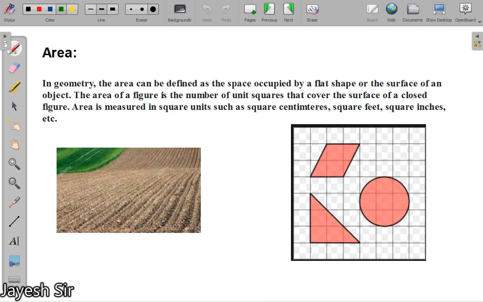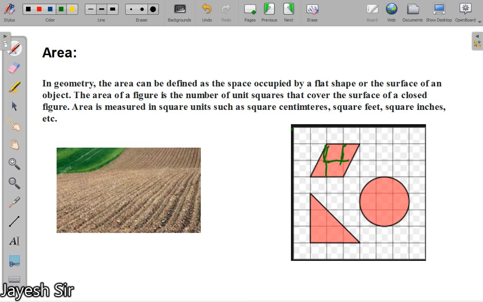Like see in this figure on the right hand side, we have this graph. On graph paper we have these boxes. We have placed three objects on this graph. All three objects are covering some specified number of squares.